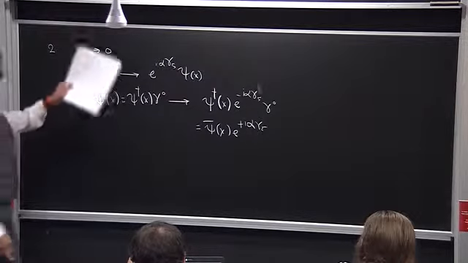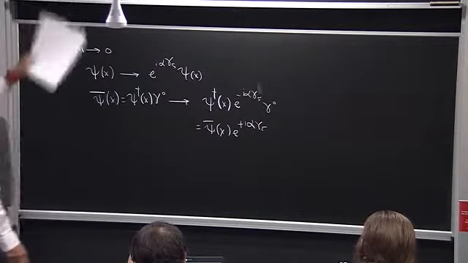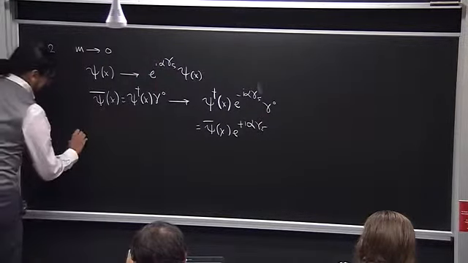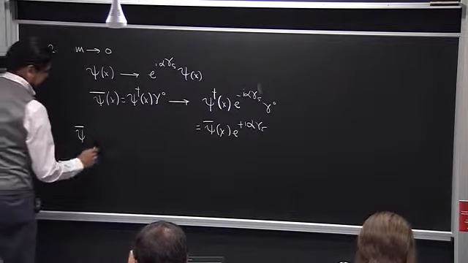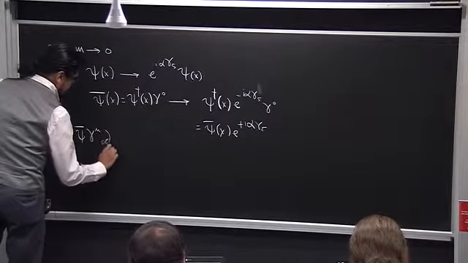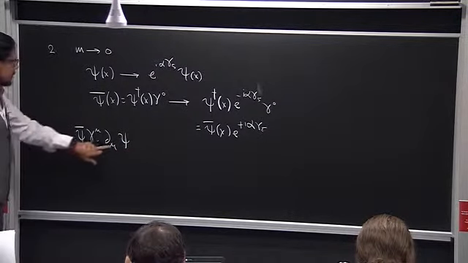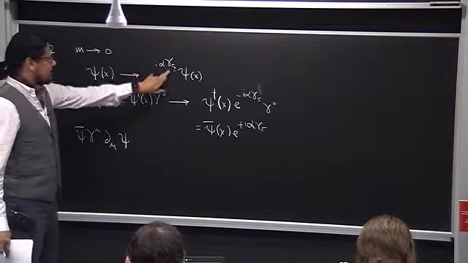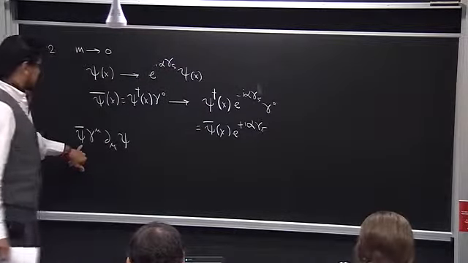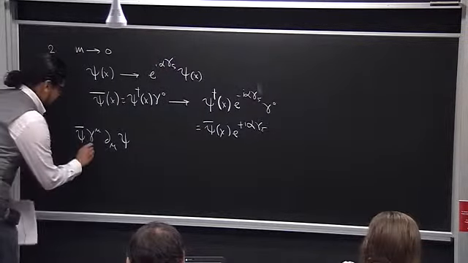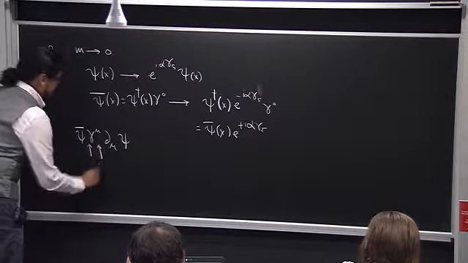And now, if you look at the kinetic term, it has this gamma mu. So now this guy will pick up e to the power i alpha gamma 5. This guy will pick up the same thing, but over here, right?